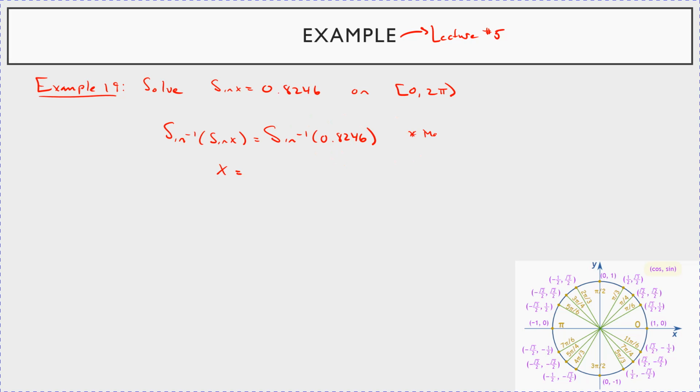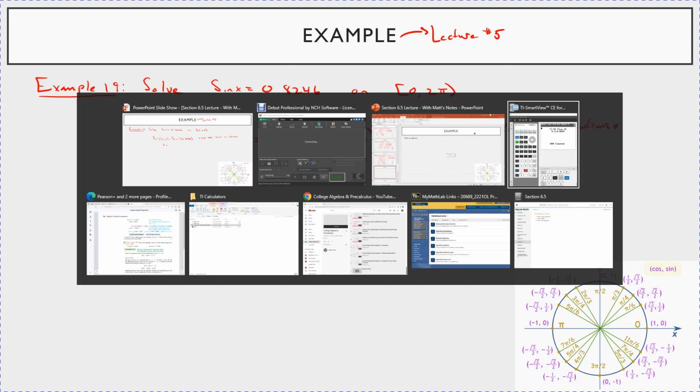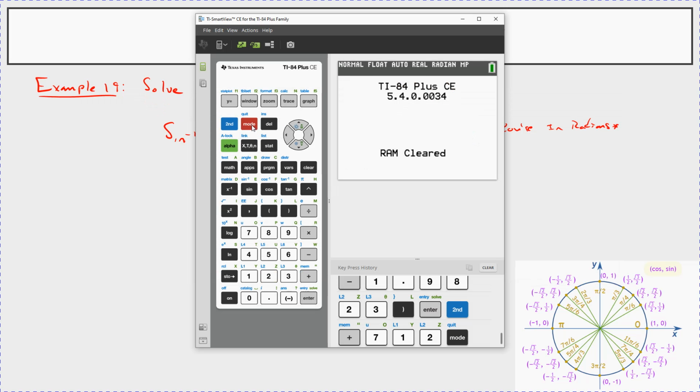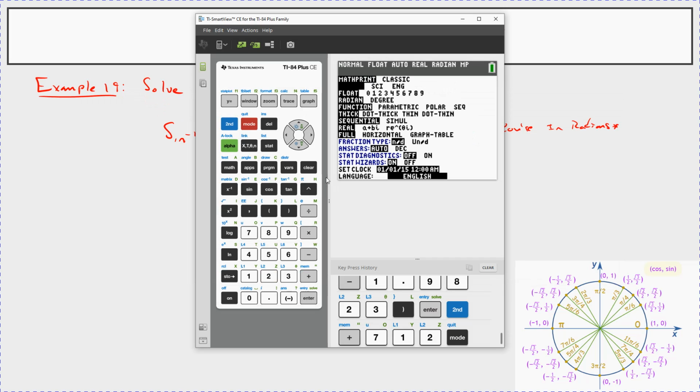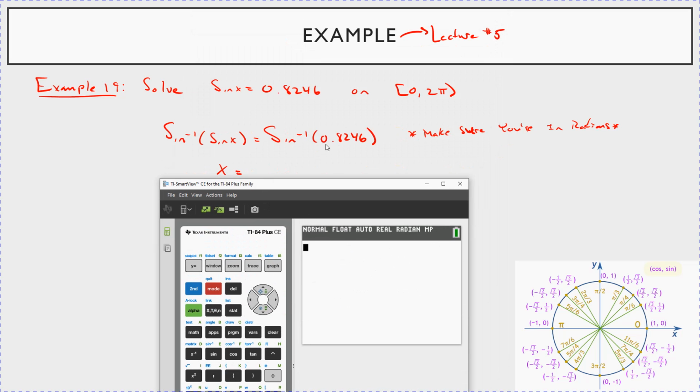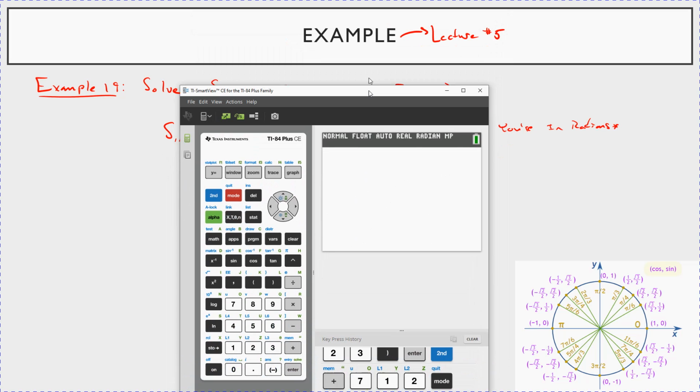You have to make sure you're in radians in your calculator. So let me load up my calculator here and show you. You're just going to go to mode and make sure it's in radians. All right, so I want to find sine inverse of 0.8246.